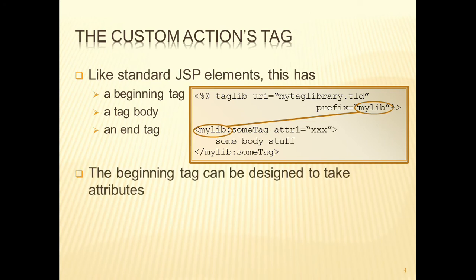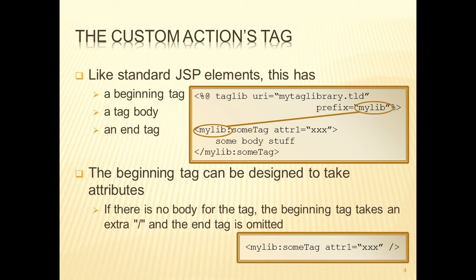Now it's also possible that these tags can be designed to take attributes, in which case we would list the attributes here after the tag name and before the greater than symbol. If there is no body, then in keeping with the XML trend, we can just list the end of the tag like this in the beginning tag.